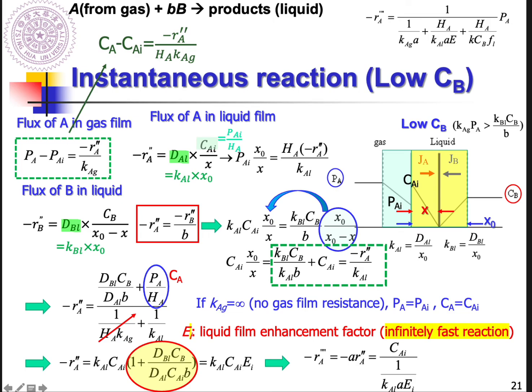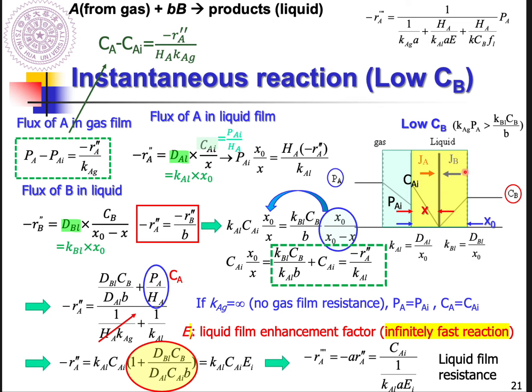The same, right? So put EI here, and after arrangement, because this is double prong, we want to convert it to 4 prong. So times the A to this equation, and after arrangement, we got the CAI, and the bottom part is here. After checking this one, no reaction happens in the bulk liquid, no transport resistance in the gas phase.